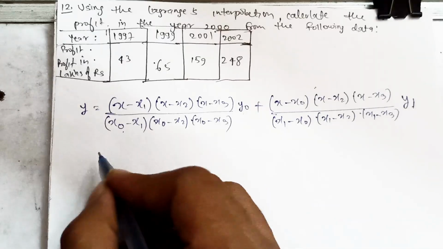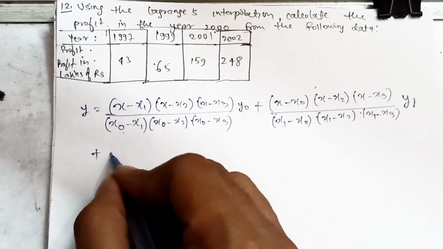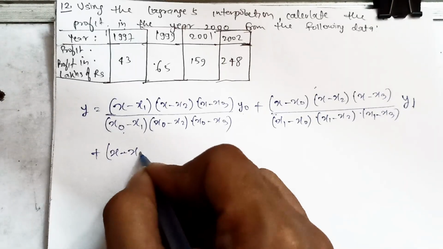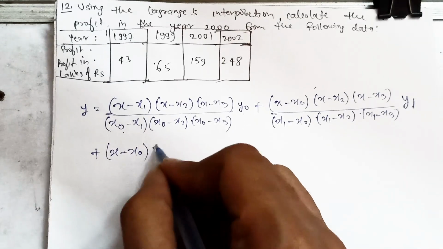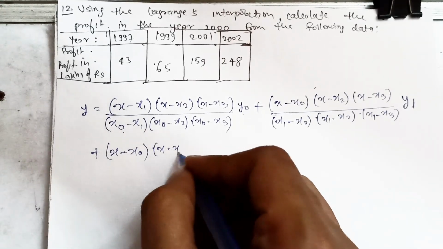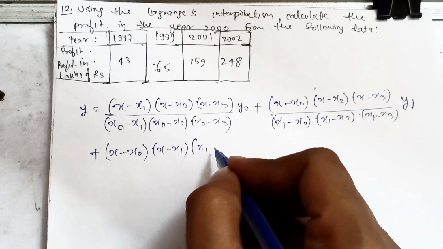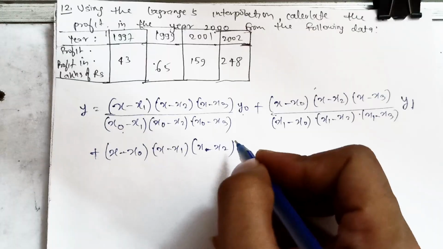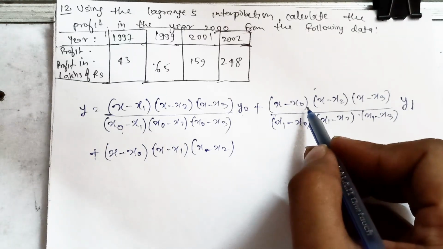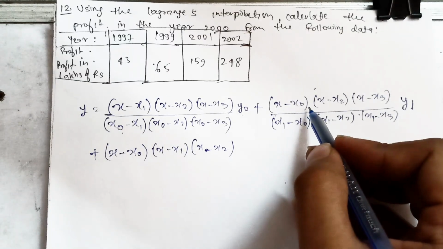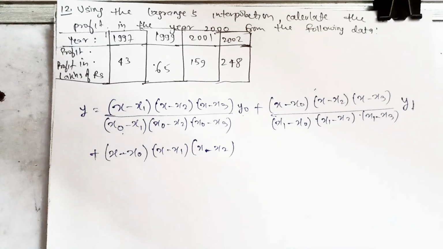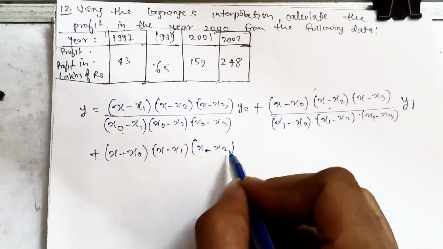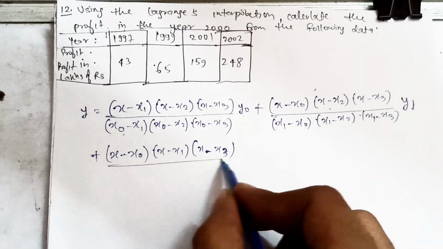For the next term, addition is used. In the numerator we use x minus x naught as it is, then x minus x1 and x minus x3, since in this term we neglect x2.